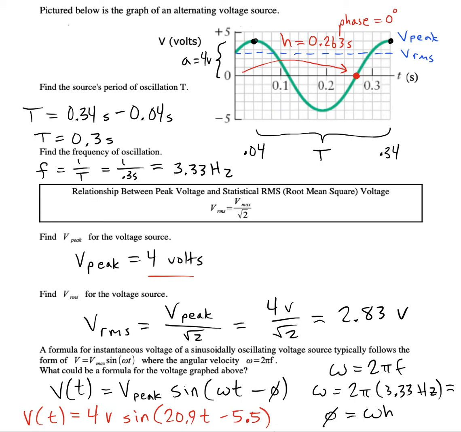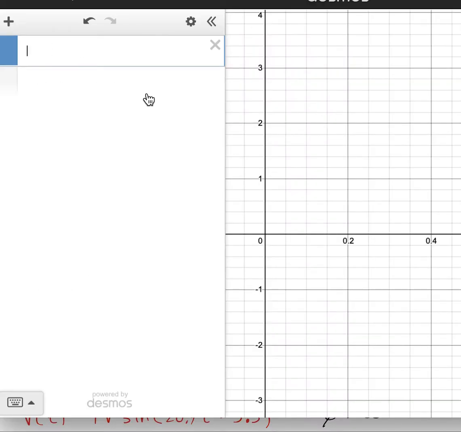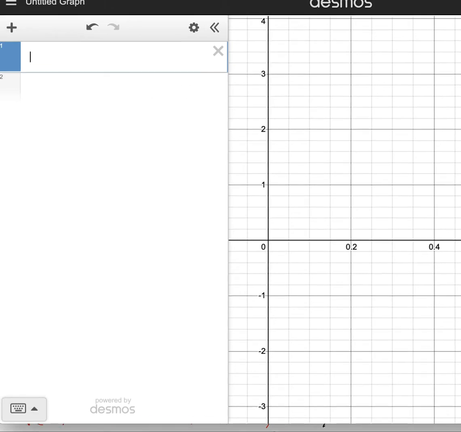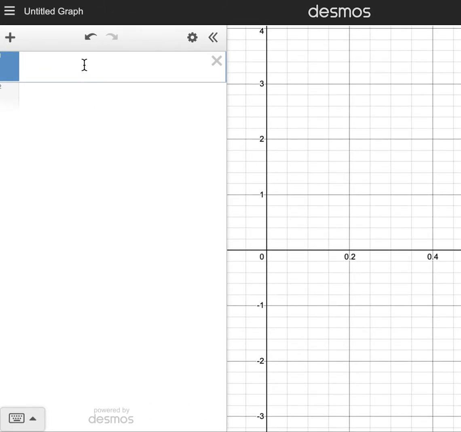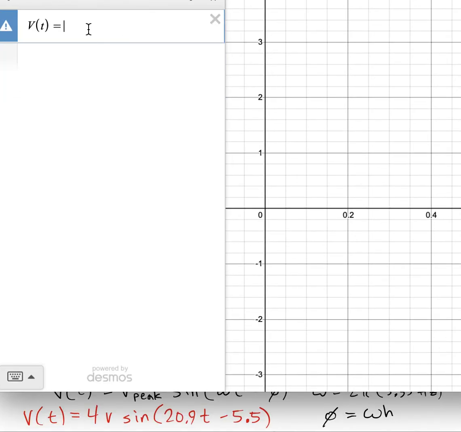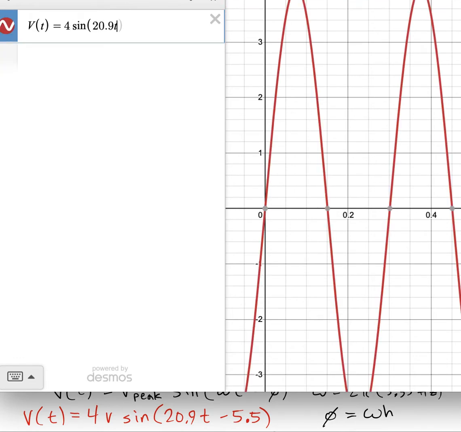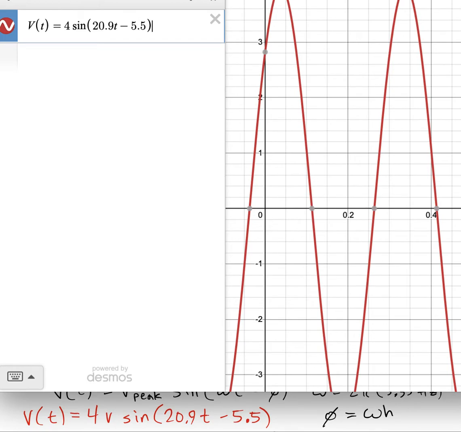All right, we just want to check this now with Desmos.com. And we'll just verify that the function we created does accurately depict the graph that's shown. Okay, we want 4 sine of 20.9 t minus 5.5.